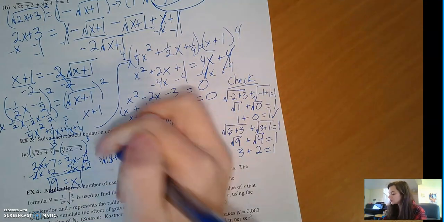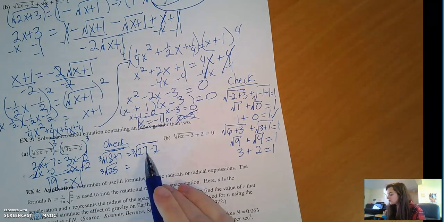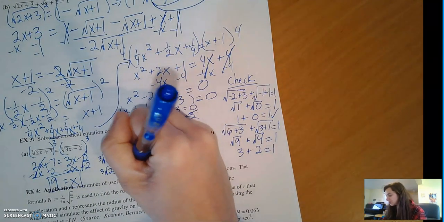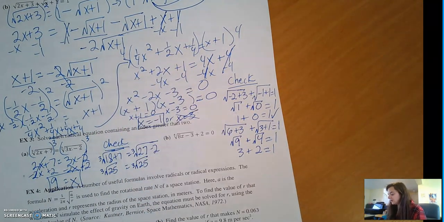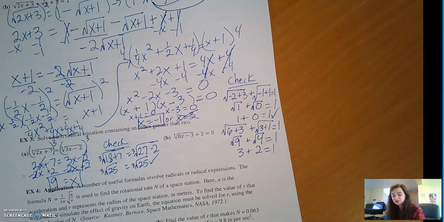And 18 plus 7 is 25, so I'll have the cube root of 25 on the left. Right, 27 minus 2 is also 25, so I'll have the cube root of 25 on the right. And guess what? The cube root of 25 is the same thing as the cube root of 25. It checks out. I know that it's irrational, it's not a perfect cube root. That's not the point. They're the same, and that's what you're looking for. So x equals 9 is a solution, and it works out wonderfully.